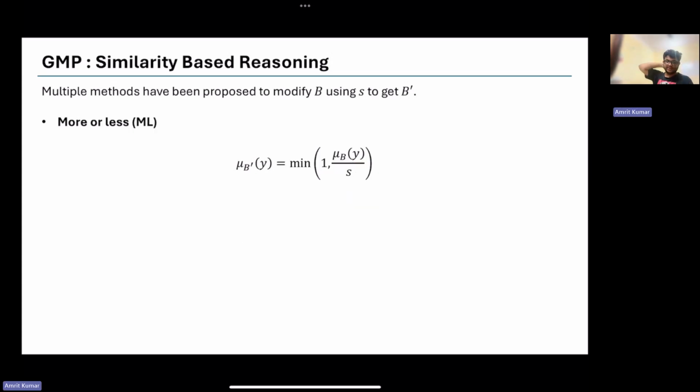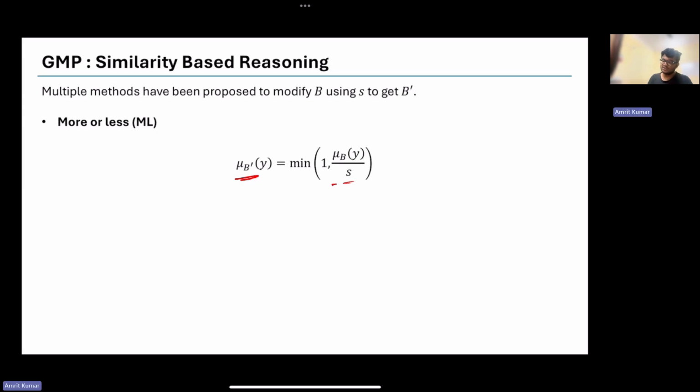Let us look at another way. This is called more or less, or ML in short. It says that having obtained the similarity value S, you obtain the membership function B dash like this.